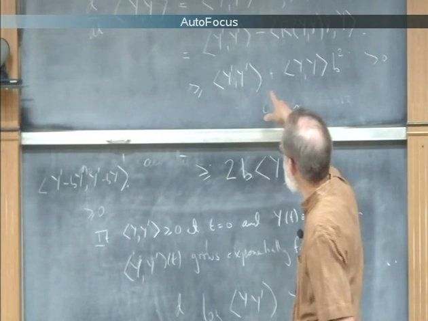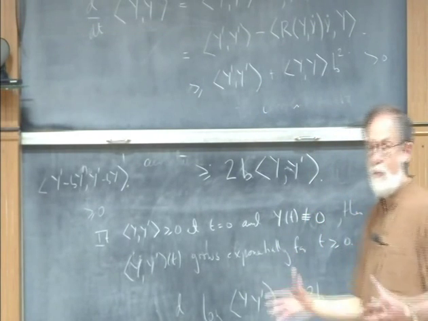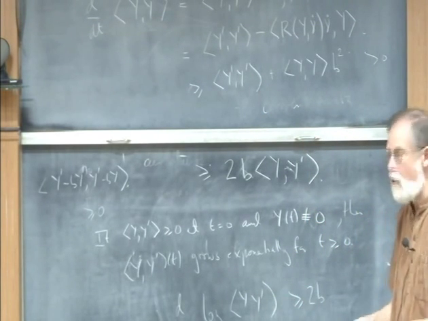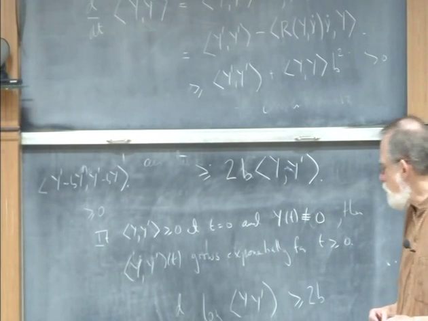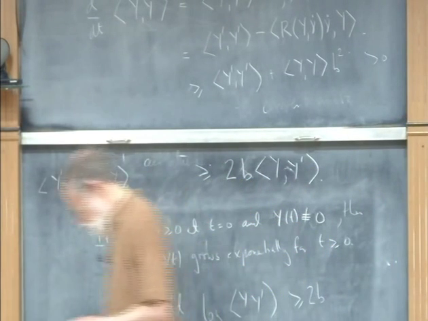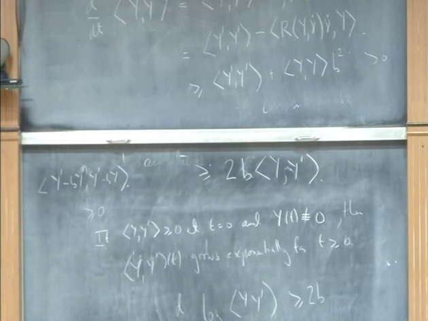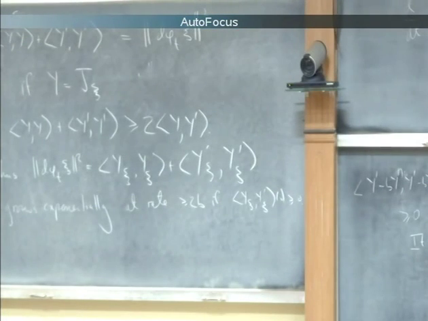So this calculation shows that the length squared of a Jacobi field is a convex function, which is a nice property. I think convexity of the length of all Jacobi fields, or the length squared of all Jacobi fields, characterizes curvature less than or equal to 0, at least non-strict convexity.